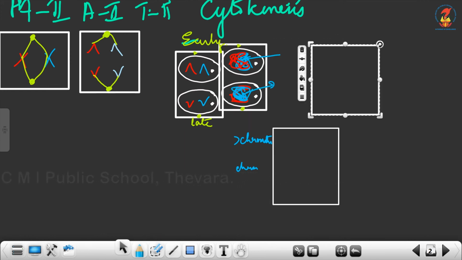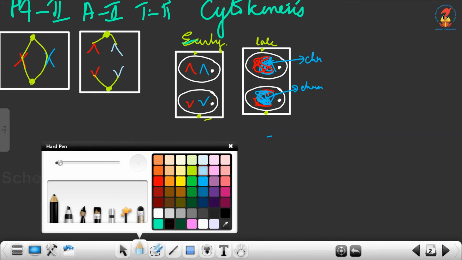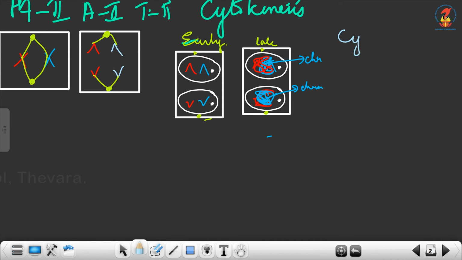And then the last, now as we have learned, cytokinesis takes place. Last event is cytokinesis taking place, that is constriction of the cytoplasm, which deepens and divides the cell into two.